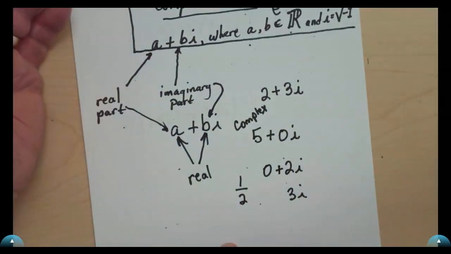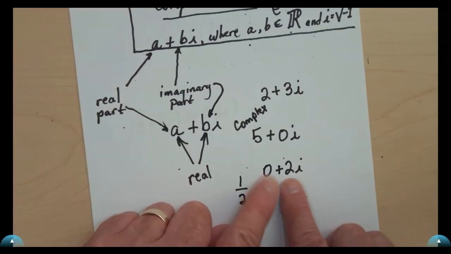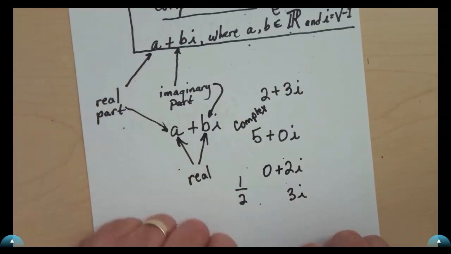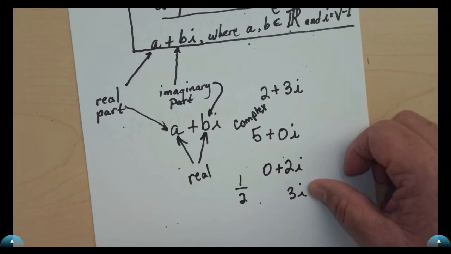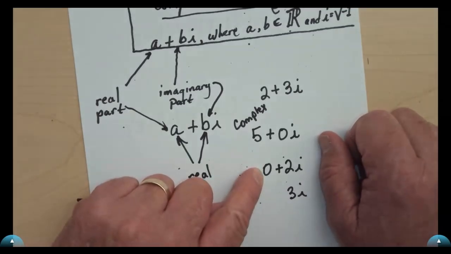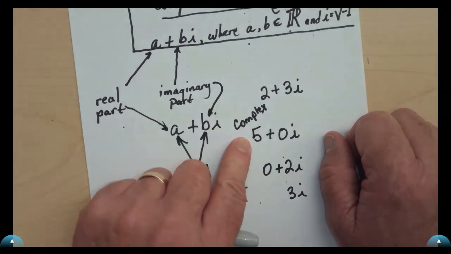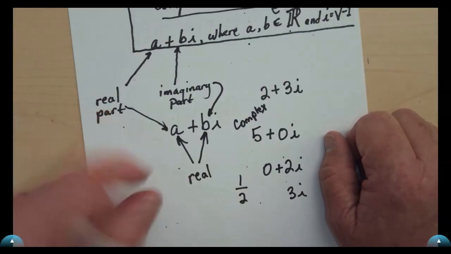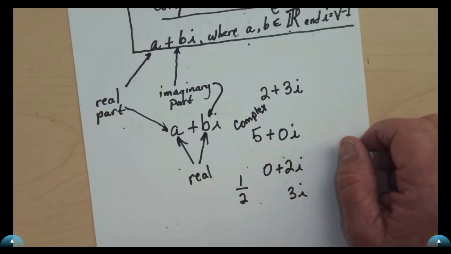And so I've written it in that a plus bi form where a and b are real numbers, right? a is 0, that's a real number. b is 2, that's a real number. So what we think of as the imaginary numbers, they're just the subset of the complex numbers that have 0 for their real part. What we think of as the real numbers is just the subset of the complex numbers that have 0 for their imaginary part.